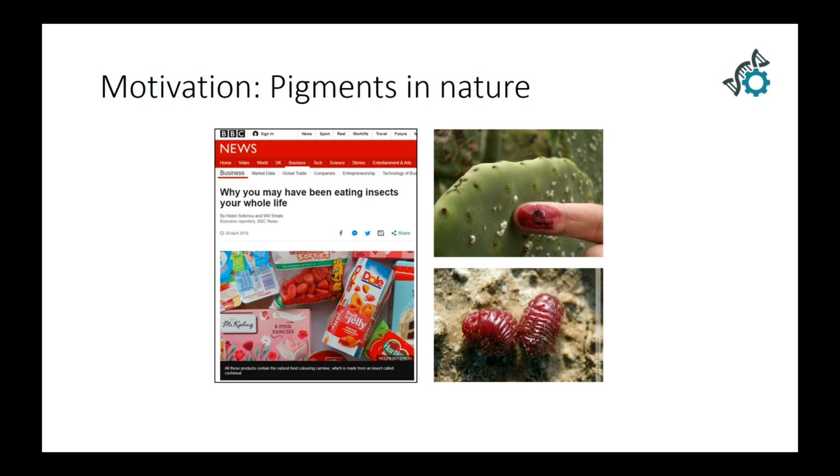It is probably no surprise that customers are not happy being told that they have been eating insects all their life. So perhaps we should figure out an alternative production method of such a natural compound as carbonic acid.